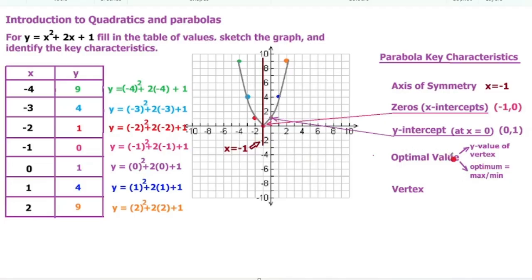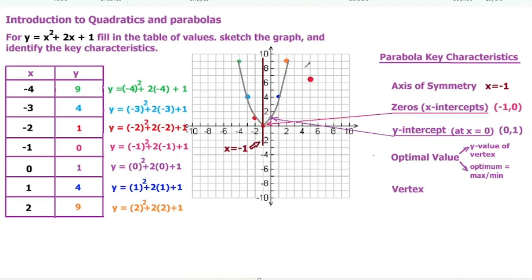Now we're going to review what the optimal value is. So for a parabola, it's the y value of the vertex, and the optimum is going to equal the maximum or the minimum. And it depends on which way the parabola is oriented. So if it's opening upward, then we're going to have a minimum.